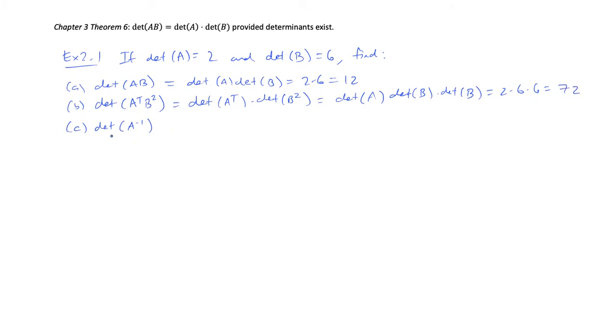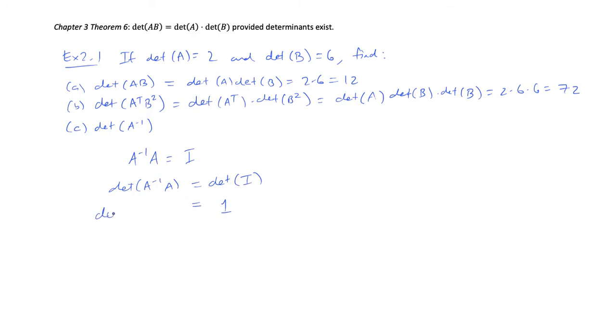Now for this last problem here, we have to think a little bit about A inverse and how it relates to A. So I'll just remind you of the definition of A inverse. A inverse is the matrix where we multiply with A and we get the identity. Let's take the determinant of both sides. The determinant of the identity is 1. It's just the diagonal of 1s. It's a triangular matrix, so it's the product of the main diagonal entries.